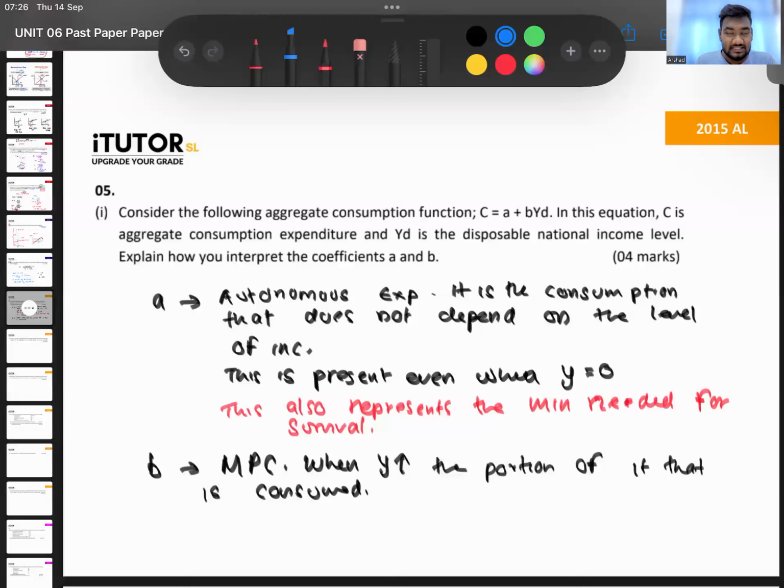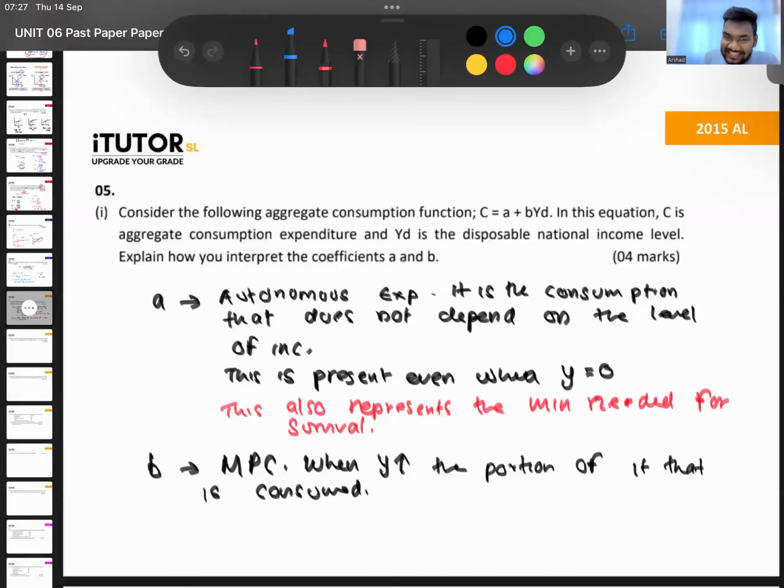What happens? Others? When income increases, does MPC increase or does it decrease? Most of you are wrong.